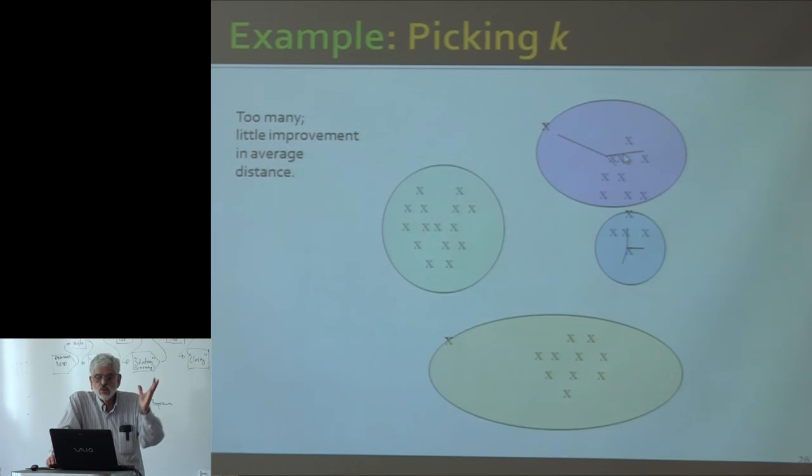So the drop from 2 to 3 will be much greater than the drop from 3 to 4. And that suggests that 3 is the right number. And you don't have to have this nice two-dimensional picture to see that. So that's the answer to Seth's question.